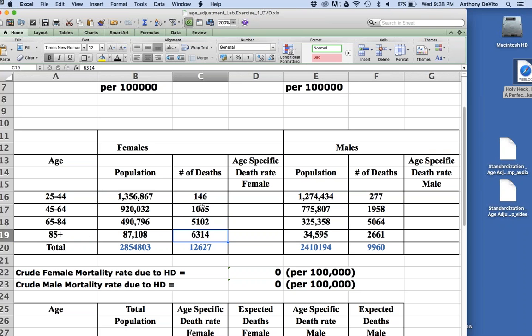middle-aged or younger people. Okay, so I'm going to actually calculate the age-specific death rate for all these females, and that's going to be equal to 146 divided out of the entire population, and that's the rate at which females die, the proportion of females who died during that year in that population. Well, now I'm going to copy this down.